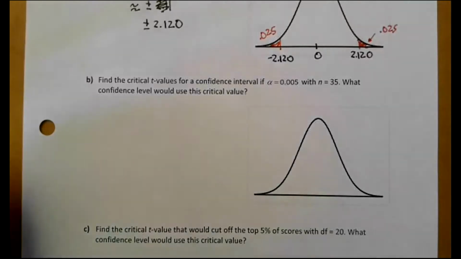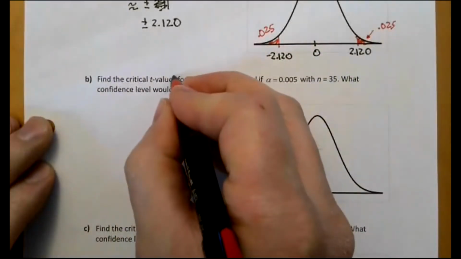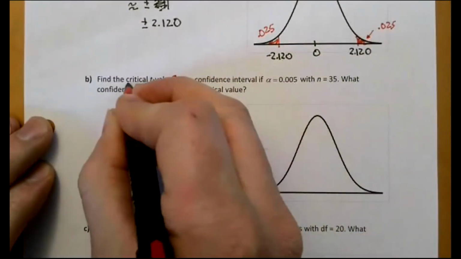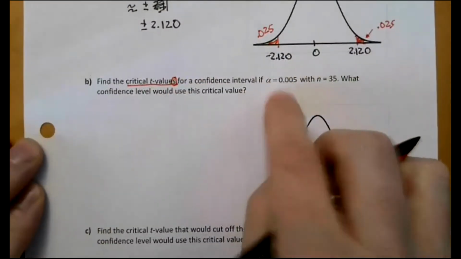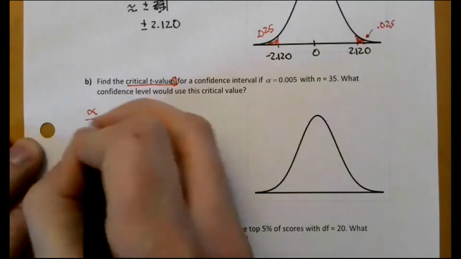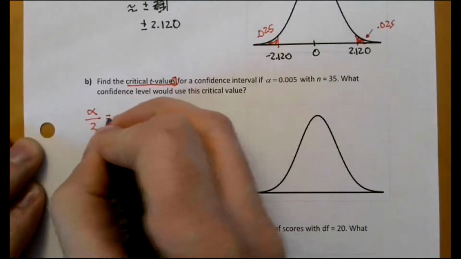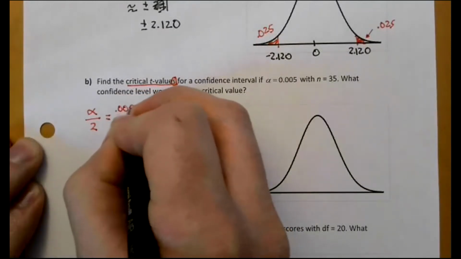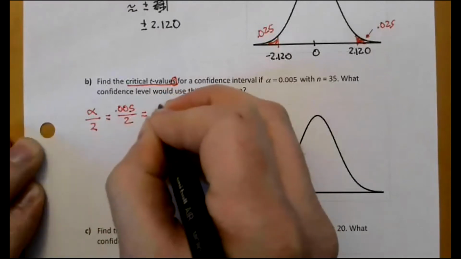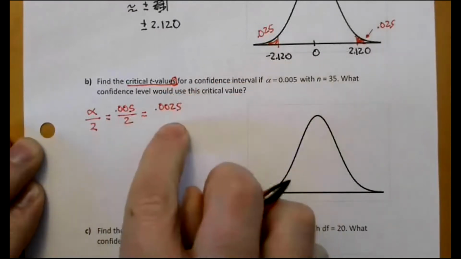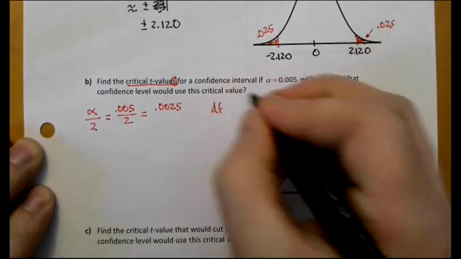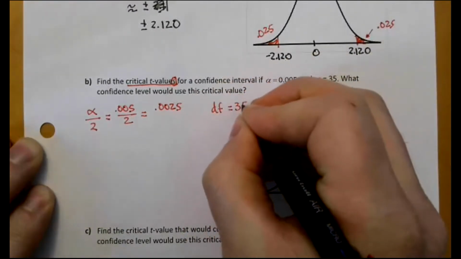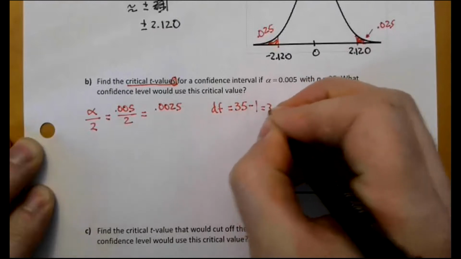So again, we'll use our English skills to note plural, meaning 2. Here they give us alpha right off the bat. So we're going to cut alpha in half. And then they give us a sample size of 35, so our degrees of freedom are equal to 35 minus 1, which is 34.